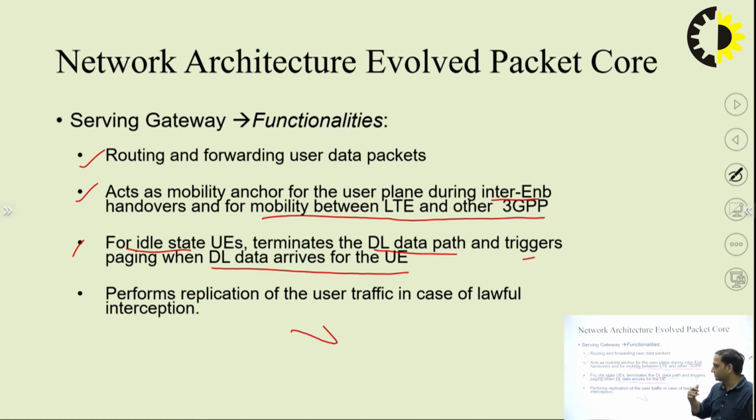Then it will send these tone signals or the paging signal, like an SMS, for acknowledgement. It performs replication of the user traffic in case of lawful interception. So if the data is lost somewhere, or someone has stolen the data between when it is sent by the transmitter and when it is received by the receiver.